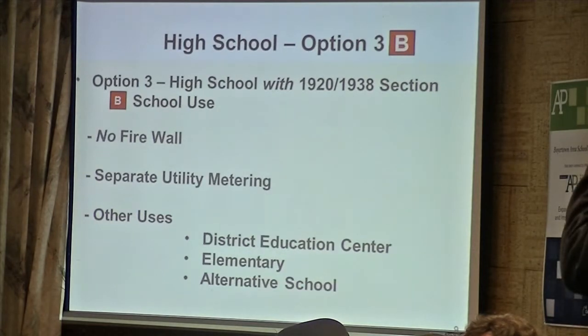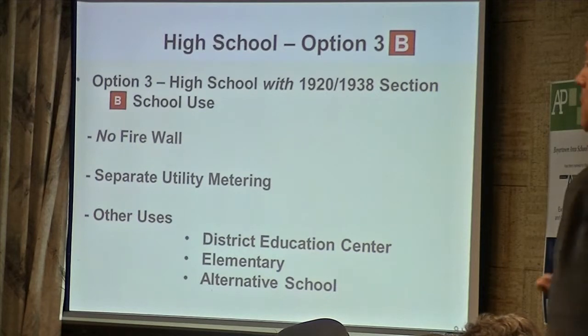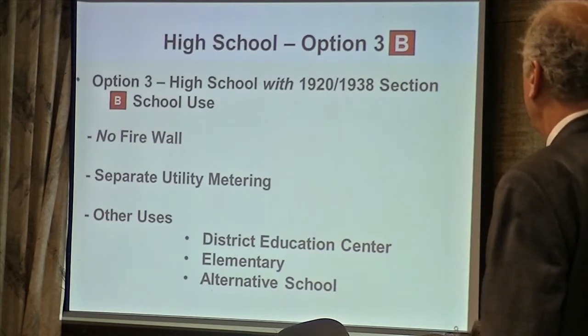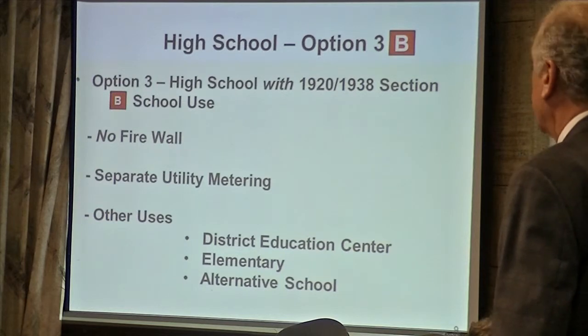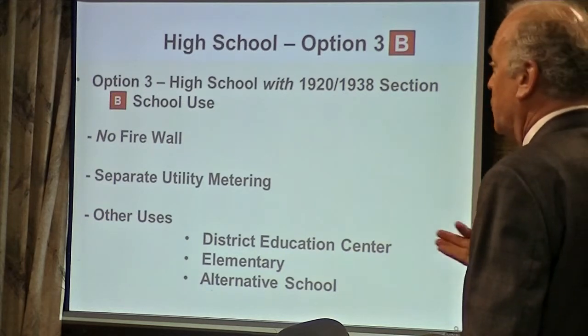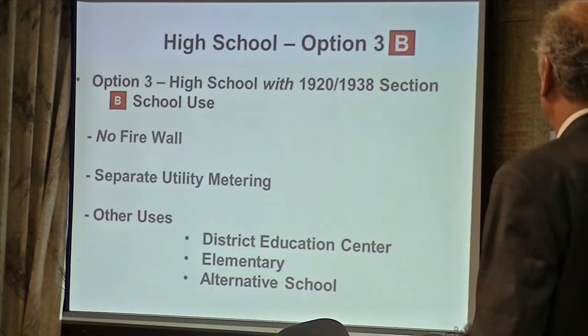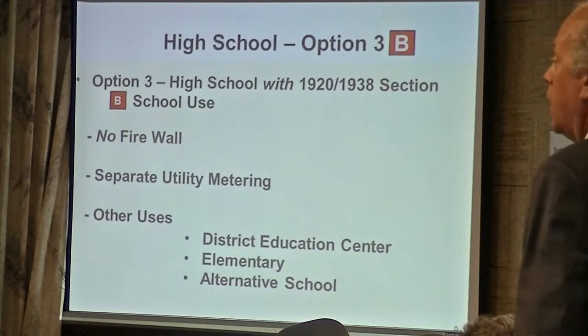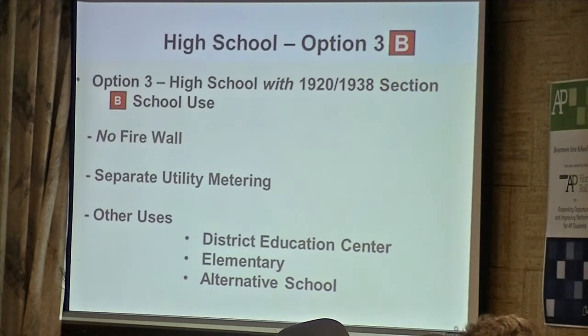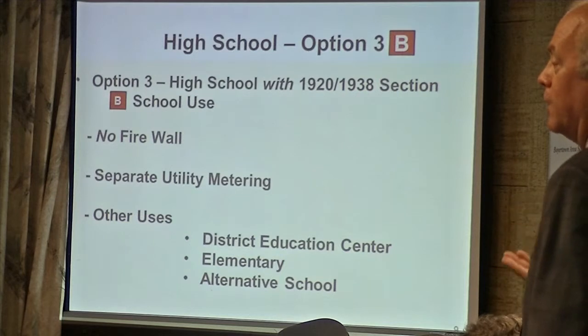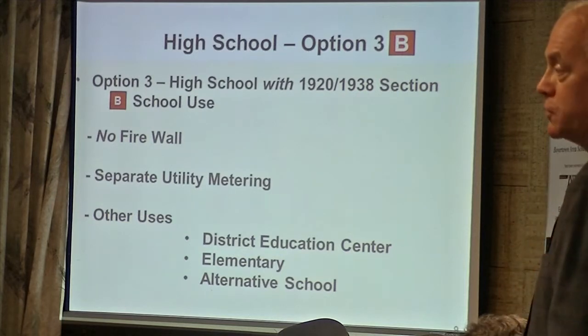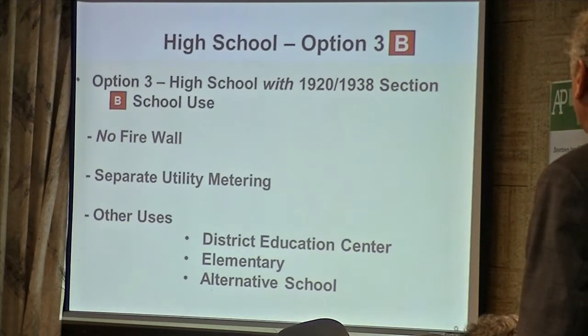So then on 3B, we looked at this, if it is school use. Other uses, district education center, and we just put some things on here. I mean, these were not discussed with the board or the administration necessarily, but it could operate as an elementary school, could operate as an alternative school, whether that's some type of a cyber education facility or alternative education, but you could also use it as some other type of school facility.